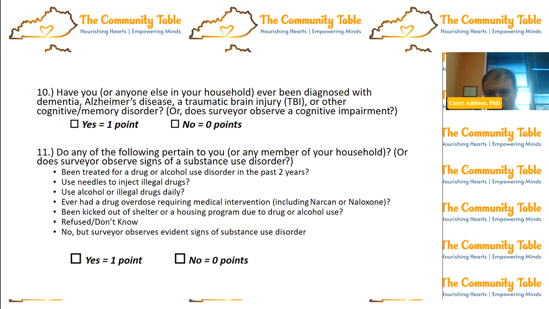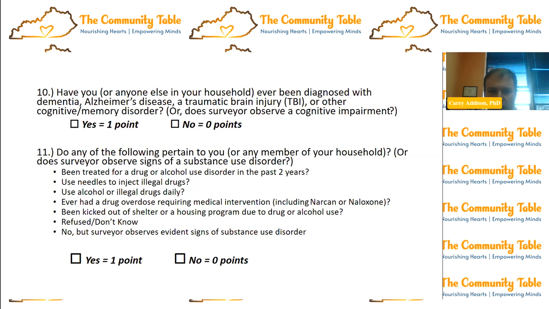We ask about substance use disorder. We looked at some of the most risky behaviors and consequences of substance use. So people who have been in treatment as a signifier of a severe substance use disorder, as well as if they've successfully completed treatment, as housing is a tool to help them maintain their recovery.